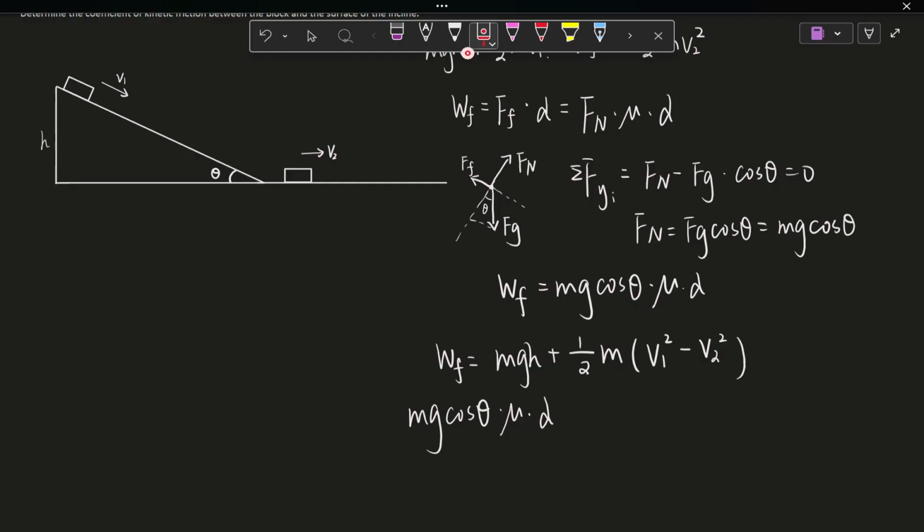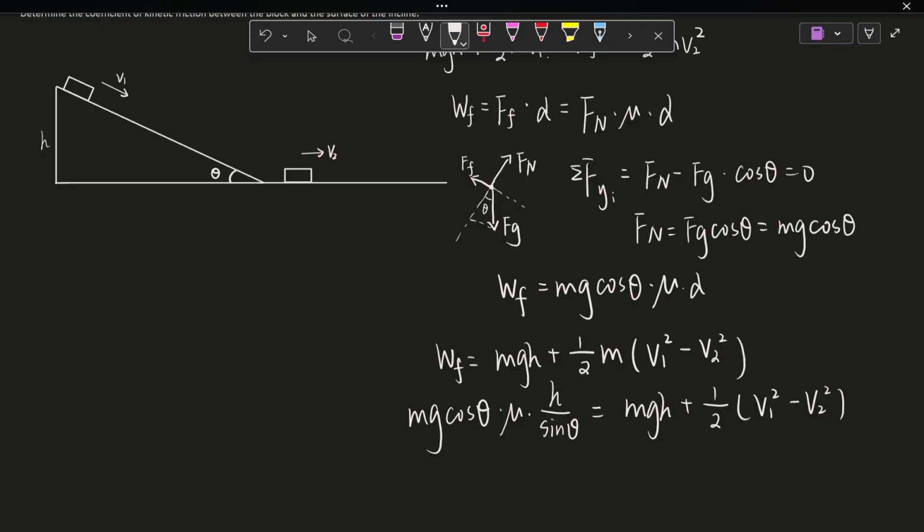The distance it travels would just be h over sine theta. And that's equal to mgh plus 1/2 m times v1 squared minus v2 squared. And then you can easily see that m can be cancelled.